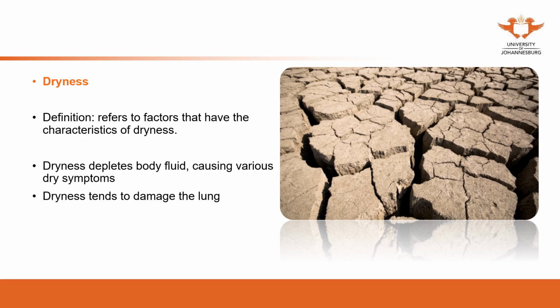And dryness tends to damage the lung. That's because the lung prefers moisture. If we go back to the Zangfu theories, you will realize that the lung prefers moisture, but dryness is going to cause dryness of the lung. And also dryness is related to autumn, and autumn is related to the lung. That's also why it more easily causes lung problems.